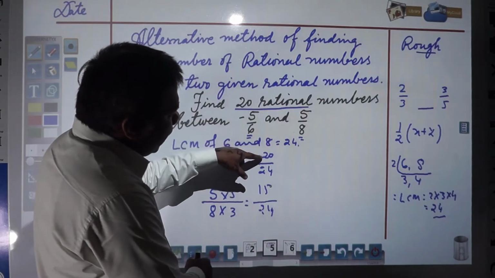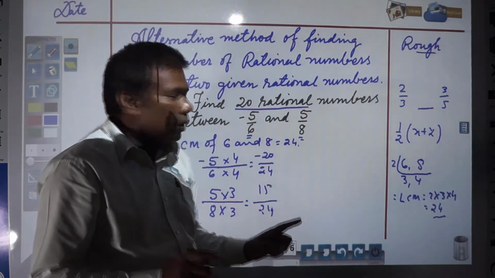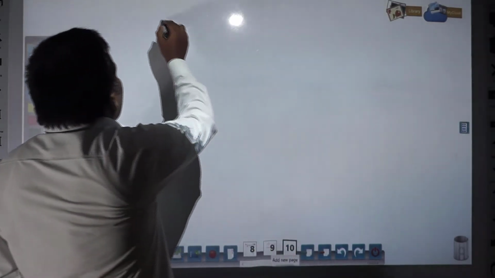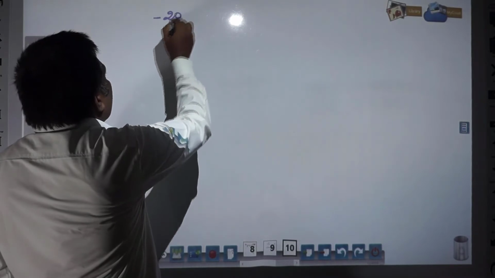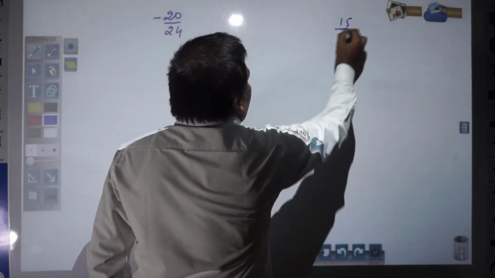Now in between minus 20 by 24 and 15 by 24 you find out the numbers. So how many numbers can we get? Here you see, you have minus 20 by 24 and 15 by 24.